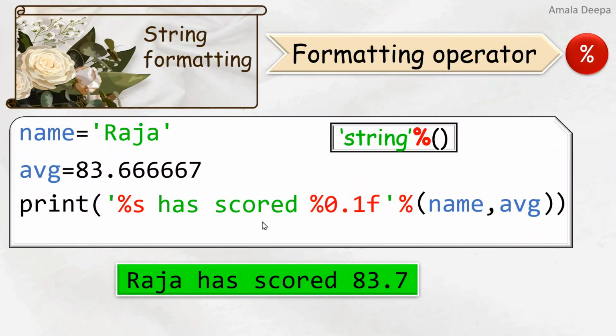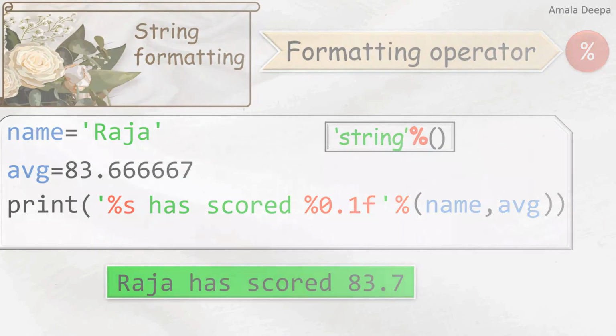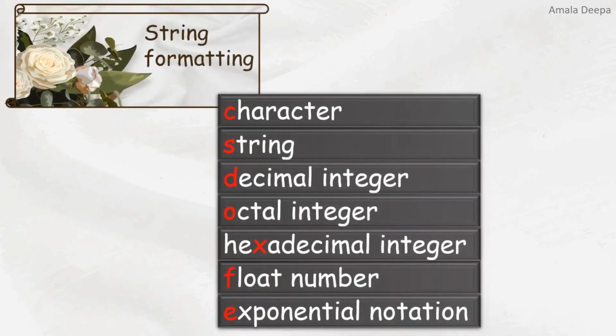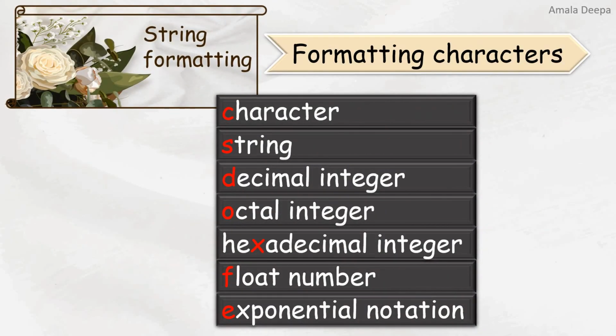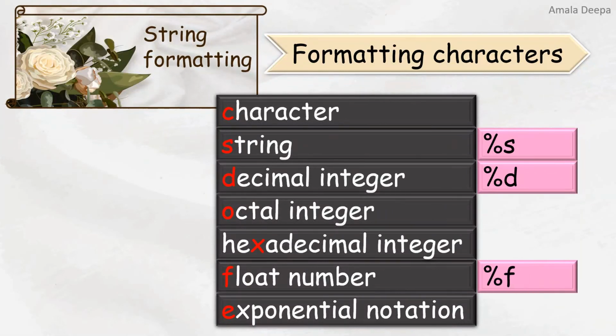Here are some of the frequently used formatting characters. For string, %s. For decimal integer, %d. For a float number, %f. For character, %c.